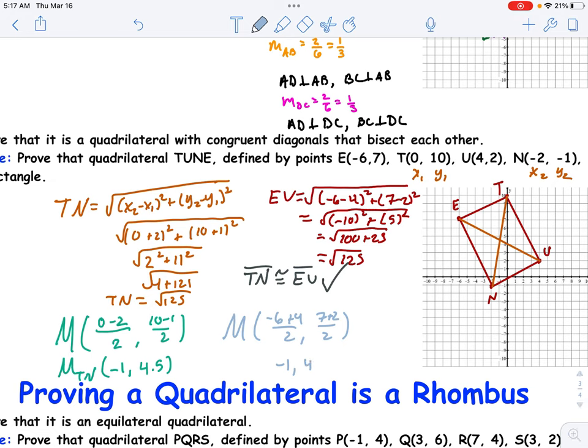Almost a small typo, and that would have been a massive typo. So they have the same midpoint. That's the midpoint for both of them. That means it's bisected. So diagonals are congruent and bisect. Therefore, it is a rectangle.